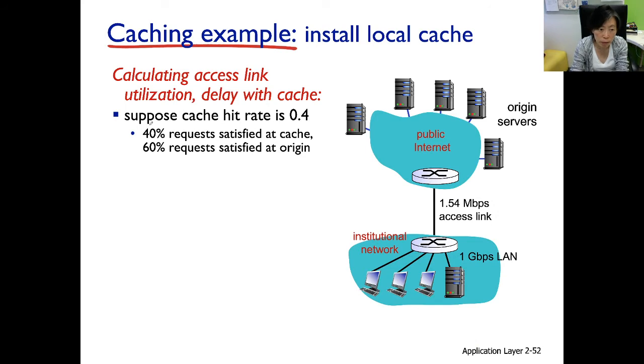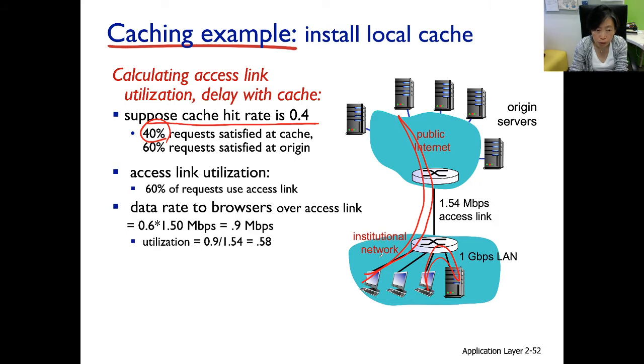Let's suppose the hit rate is 0.4. Then 40% of the requests will just stay here. Only 60% goes out and back. Great. So we know then the utilization of the access link is 60% of scenario 1.